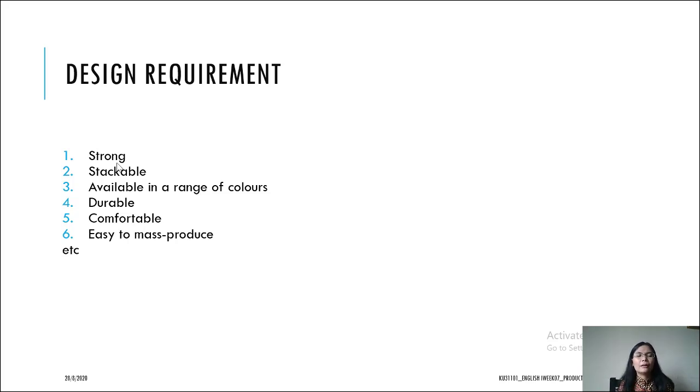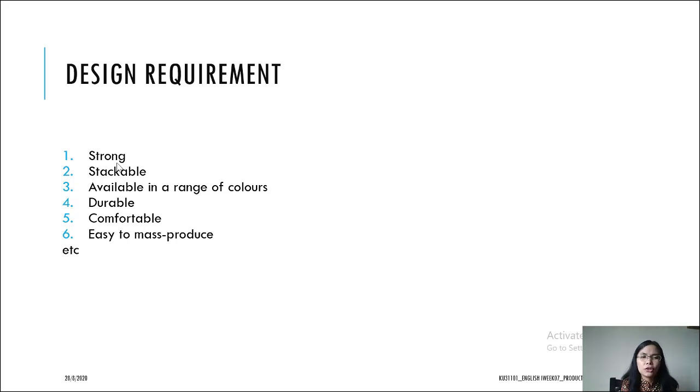Now what about stackable? What does it mean by stackable? Stackable is when you can save it in one space. So what do you call this? Space saving. Yeah. So let's say, for example, if you go to a party in Indonesia, of course, they usually provide you with plastic chairs.